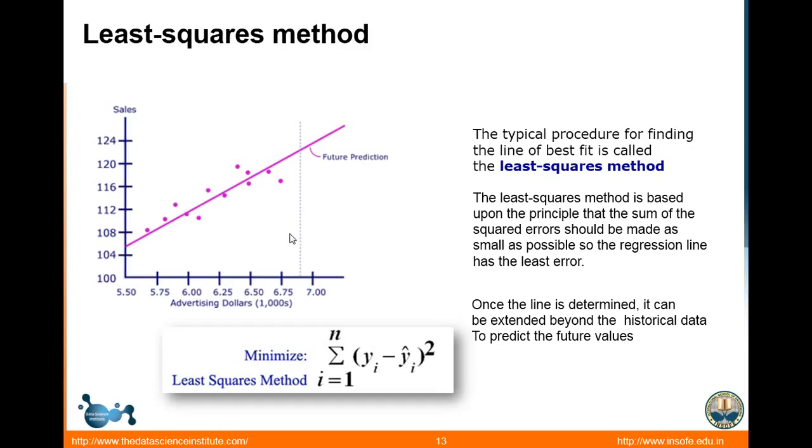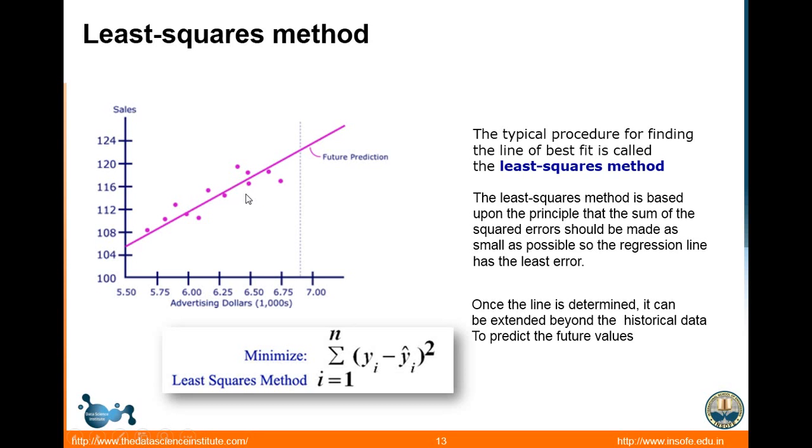Let me explain this. What we are trying to do here is get the best fit. When we say best fit, what we mean is the line that makes least error. So in mathematical terms, we are trying to minimize yi minus yi hat. We have seen yi hat is nothing but the points on the regression fit, and that is what we are trying to minimize.